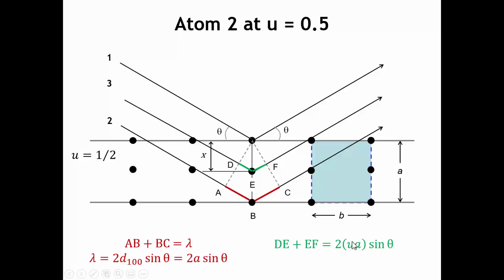It has increased. And if u is 0.5, then we're going to get a sine theta. So we can see right away that the path length of wave 3 is only half as big as the path length for wave 2. And that means that we're going to phase shift this 180 degrees out of phase.